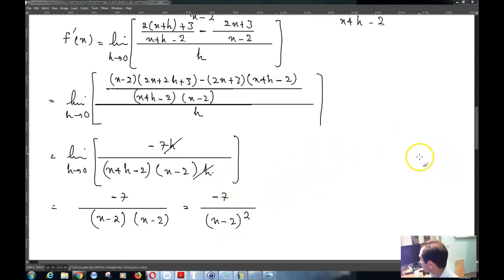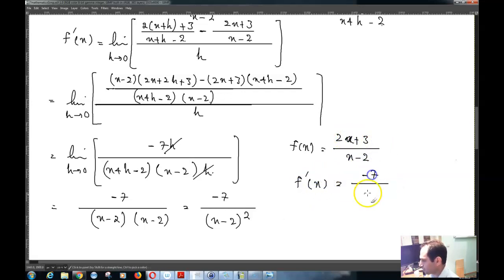So then what that means is that the derivative of, when your f of x is equal to basically 2x plus 3 over x minus 2, then f prime of x is equal to negative 7 over x minus 2 whole squared.